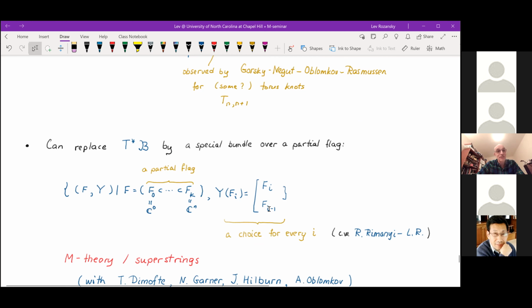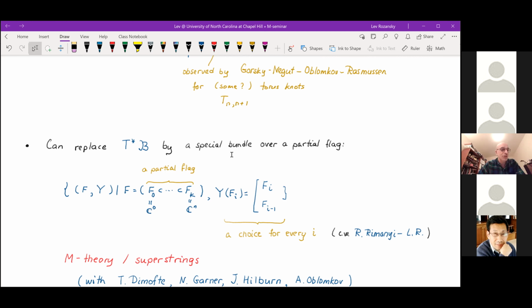So whether you want it nilpotent or Borel at every step. This is something that we explored with Richard Rimanyi in a slightly different setting. And the partiality of the flag means that in HOMFLY-PT polynomial, you may assign different fundamental representations, different columns, to the strands of the braid.